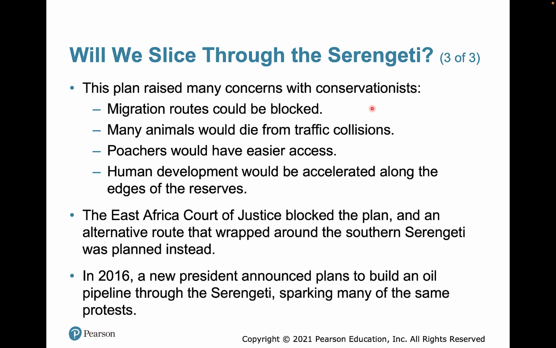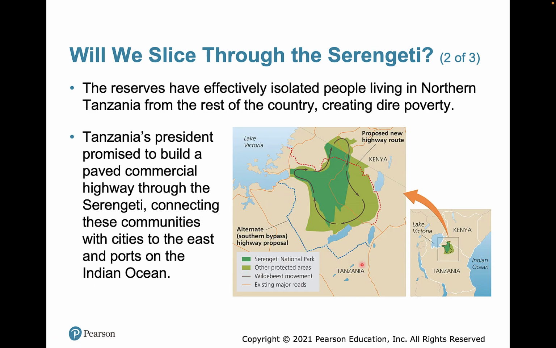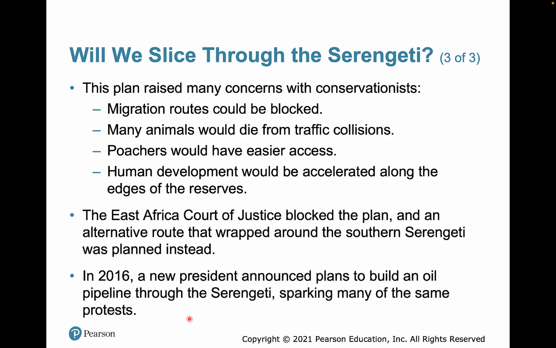So the East African court said, nope, you're not going to do it. And instead, you can't build through it, but instead you can go around it. So this is what they've decided to build. But a new president said, hey, let's build a pipeline right through the Serengeti, which then created a lot of the same conversations.